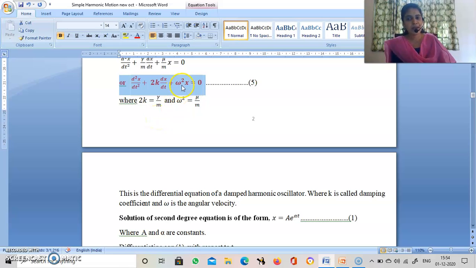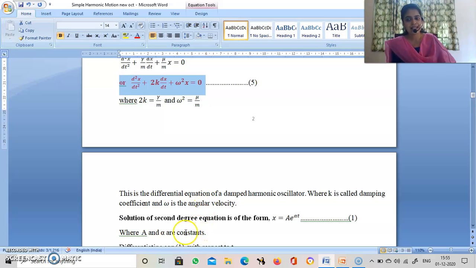And we have omega square is equal to mu by m, so we can write omega is equal to root of mu by m, that is the angular velocity of the system. So this is all about the derivation of the differential equation of a damped harmonic oscillator.